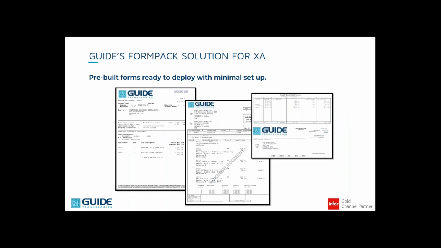This is just an idea of some of the pre-built forms that we have generated. So I've got a packing list, I'm showing an invoice, and I'm showing a check. And in the scenario here, when we take a look at this, most people say, well, that seems easy enough, but quite honestly, it's quite a tough venture, just because the forms that you see here are variable.